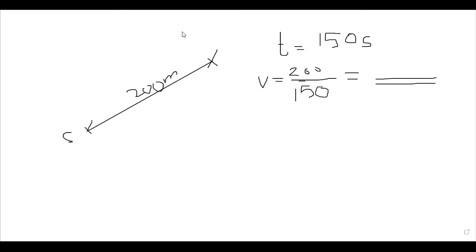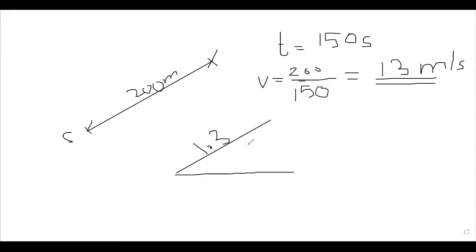So we draw a velocity line. This is the velocity line. What's the value over here? 200 divided by 150. What value does it give? 1.3 meters per second. Thank you. So we know that this is 1.3.